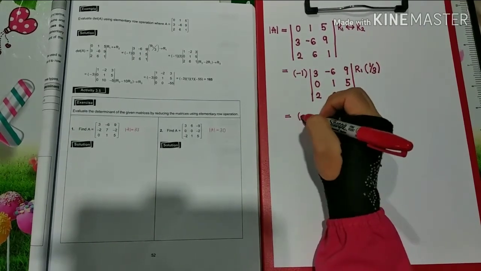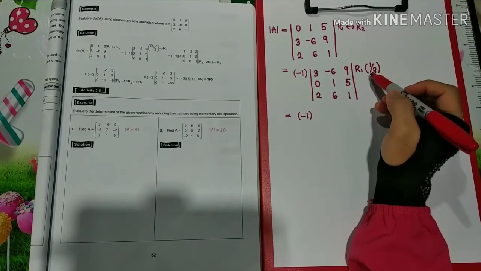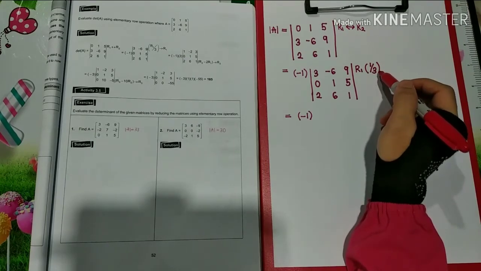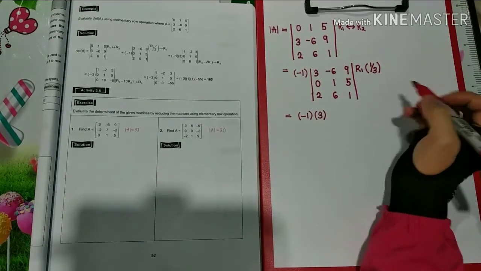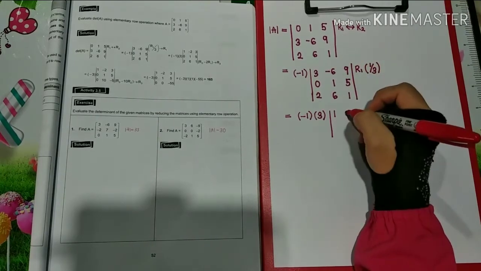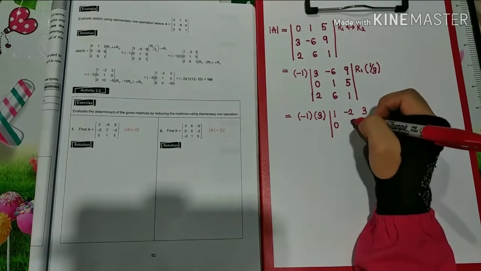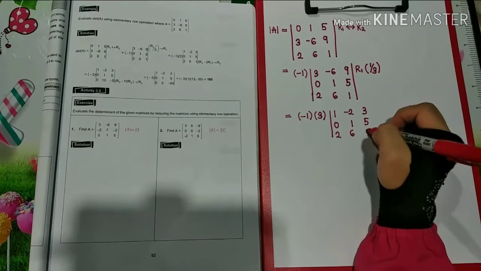First, you copy -1 here. If you multiply a row with a constant C, here you multiply with 1/3, so the determinant you multiply with 3. Now you perform this operation on R1, you will have 1, -2, 3, 0, 1, 5, 2, 6, 1.